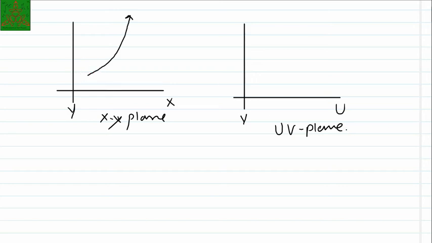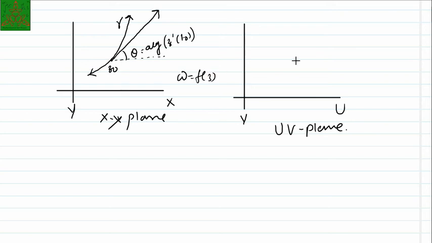Now this is your gamma curve in the z plane. There is a point z0 here. The angle or slope of this line at this point is theta, which we have measured. That is the argument of z dash of t0. Now, as I am discussing, the image of this gamma curve under the transformation w equal to f of z is some other curve in the w plane.